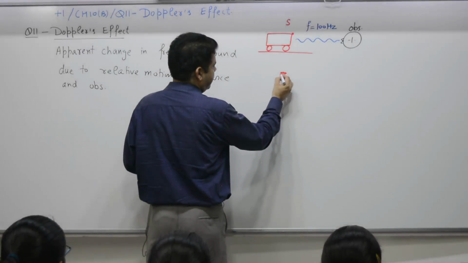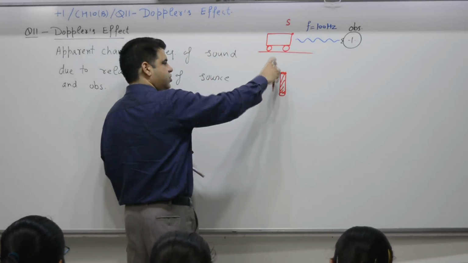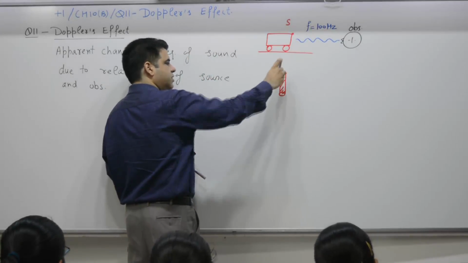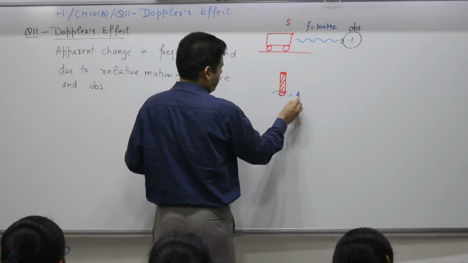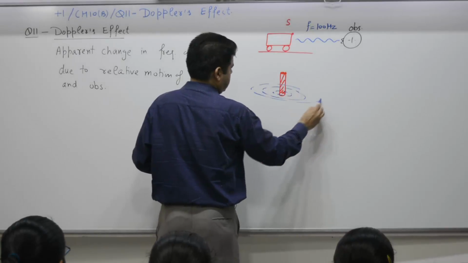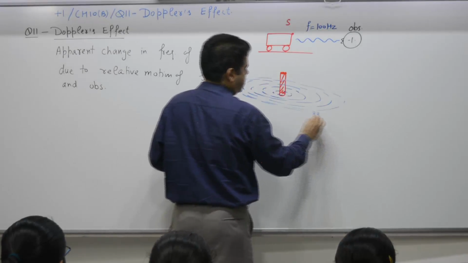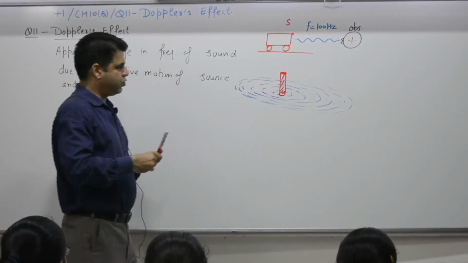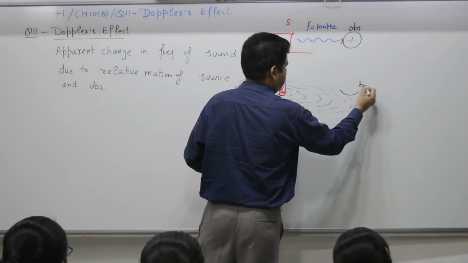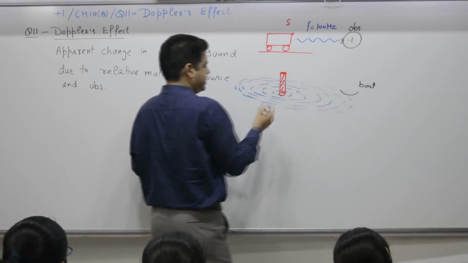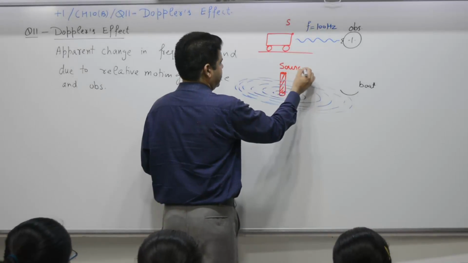to a rod in water. Oscillate this rod in water, you generate waves, ripples. If there is a boat, source is at rest, boat is also at rest.